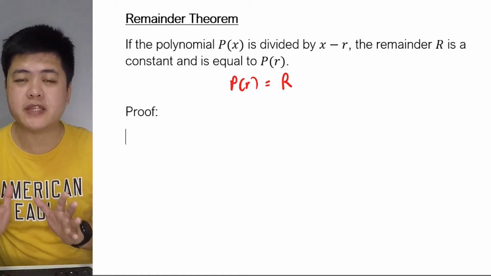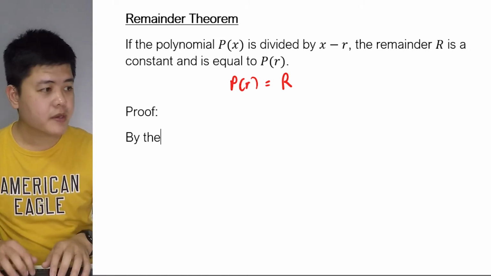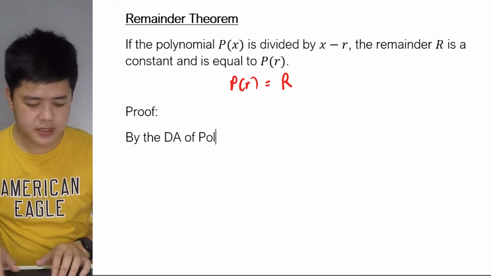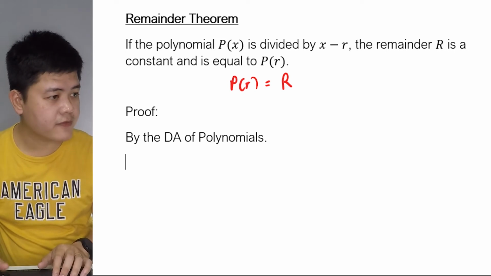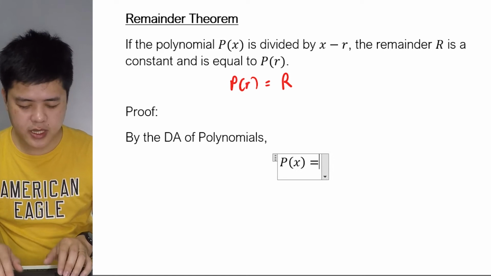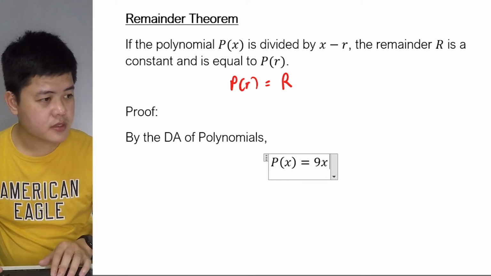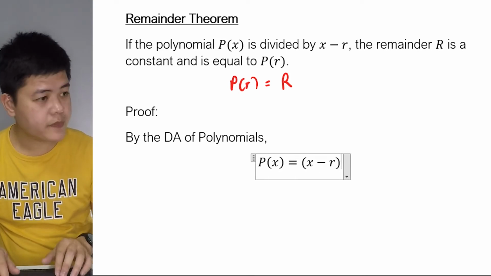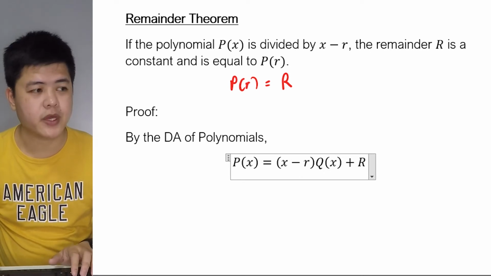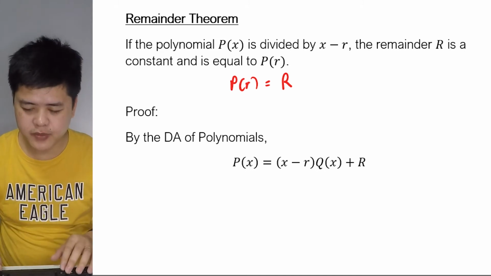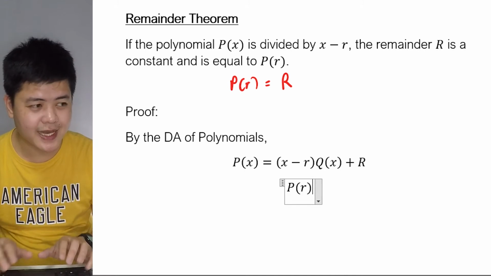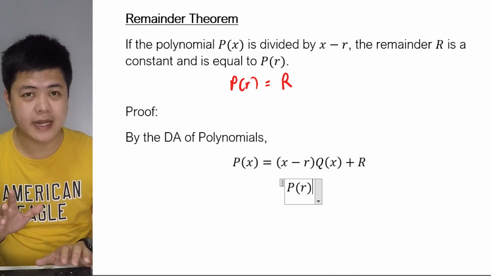Now, our proof will come from the division algorithm. By the division algorithm of polynomials, we have p of x equals x minus r times the quotient q of x plus the remainder r. Then we have to get p of r. When we get p of r, all the x will be replaced by r.